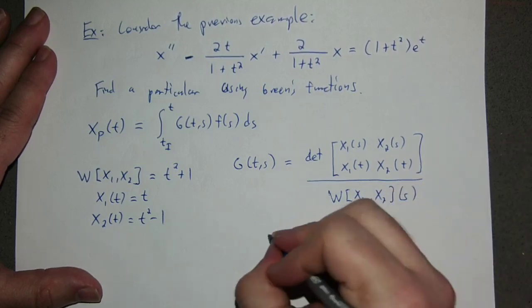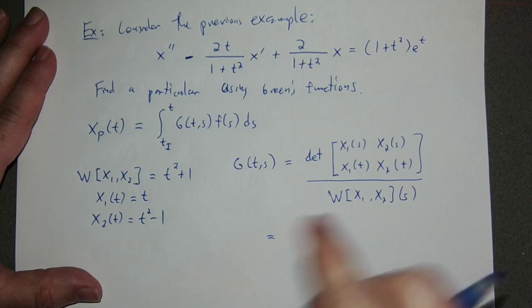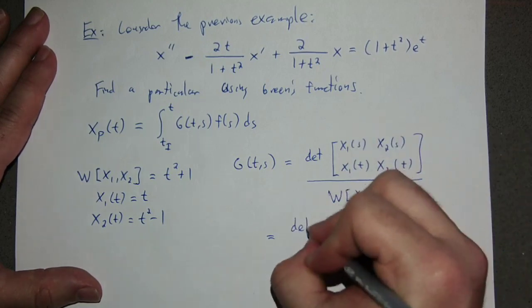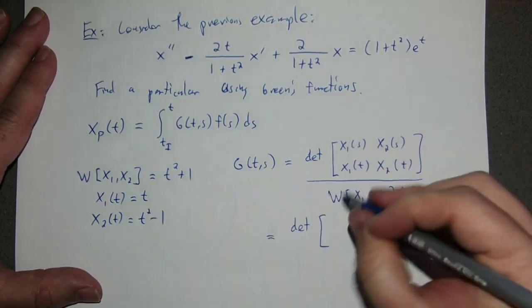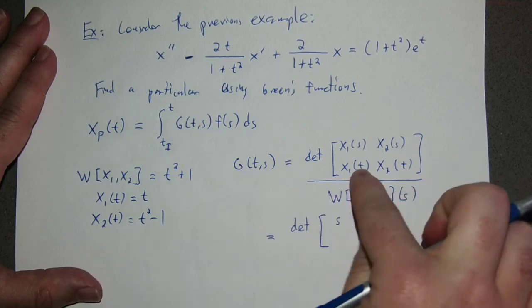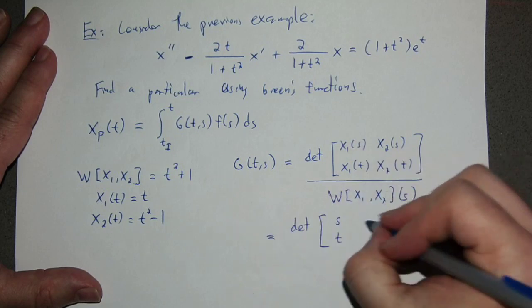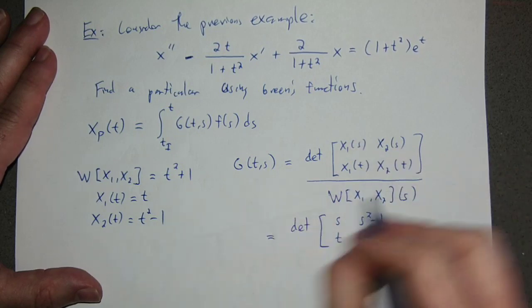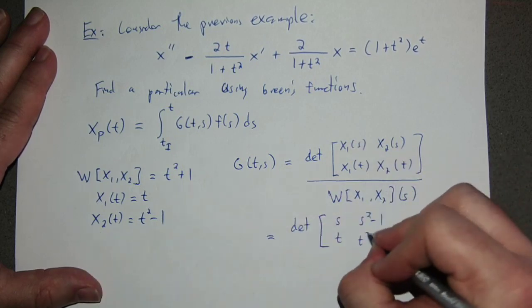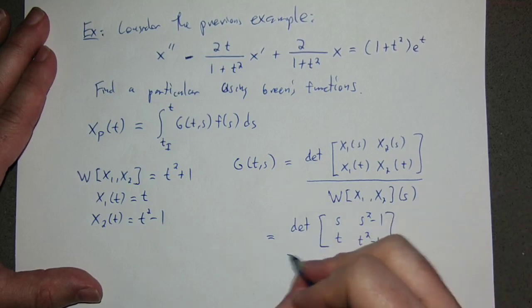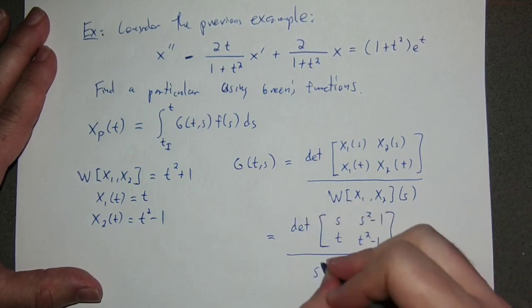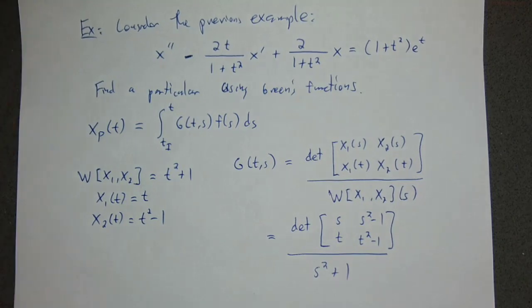Not t. So writing this out, again, this is the determinant of x sub 1 of s, which is just s, x sub 1 of t is t, x sub 2 of s is s squared minus 1, x sub 2 of t is t squared minus 1, divided by the Wronskian, which is s squared plus 1.